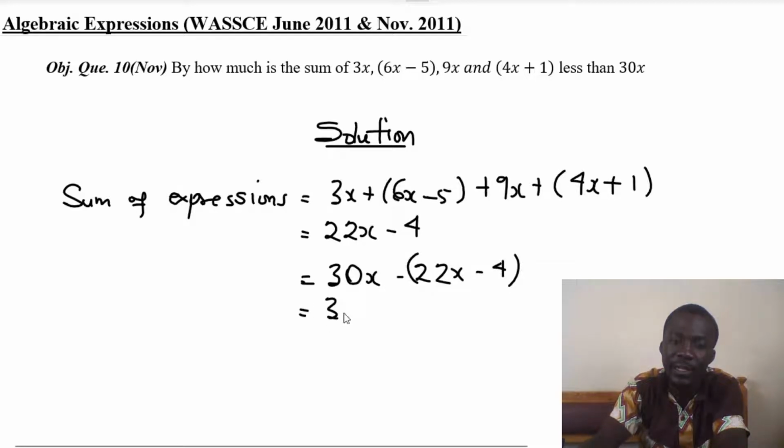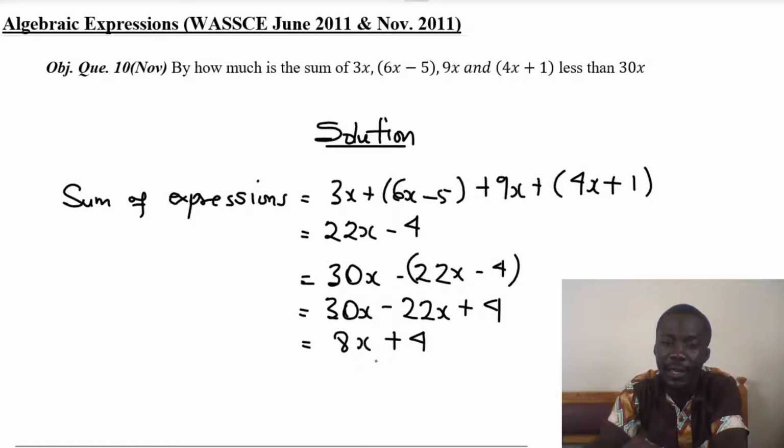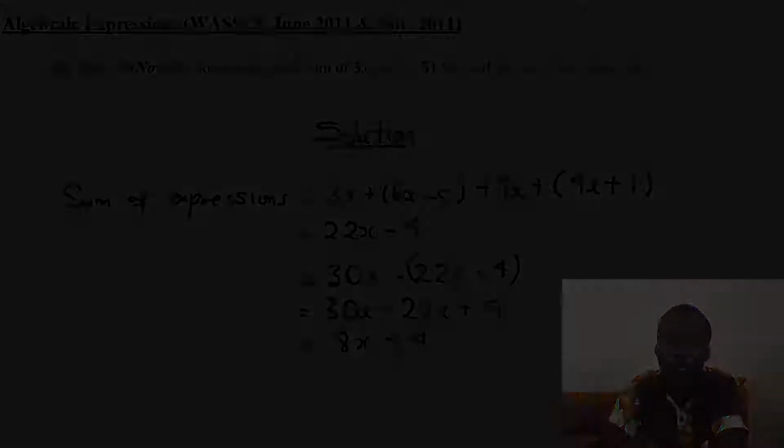Then when we expand, we are going to get 30x minus 22x plus 4. 30x minus 22x is 8x, then plus 4. So our final result will be 8x plus 4.